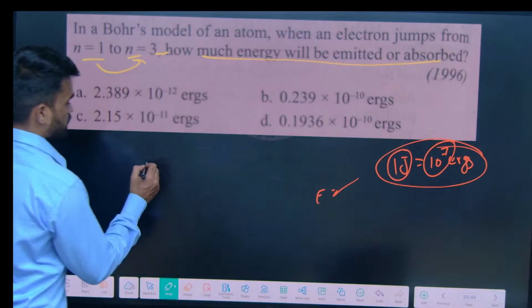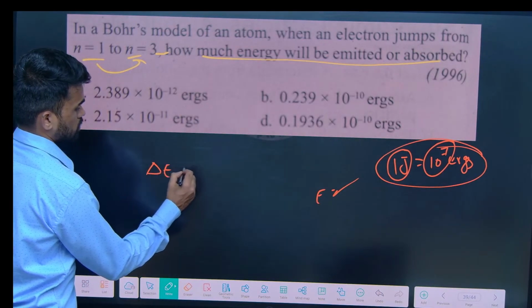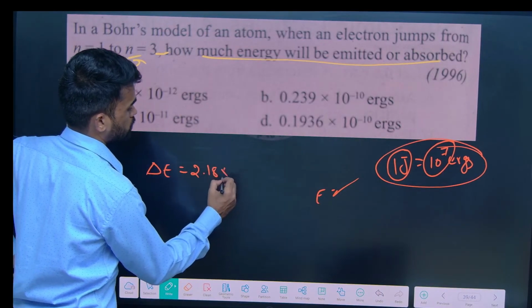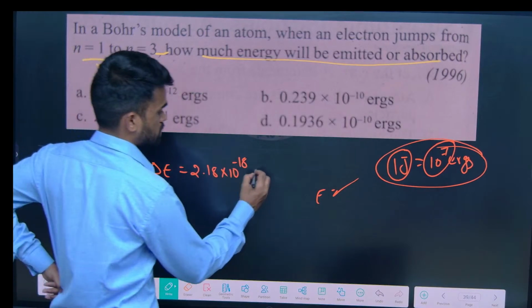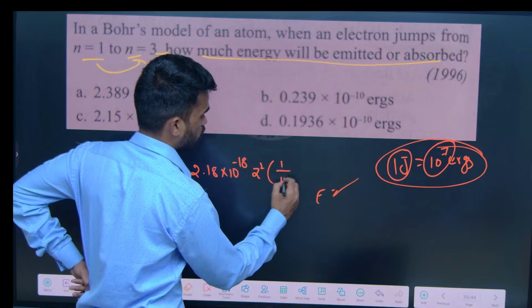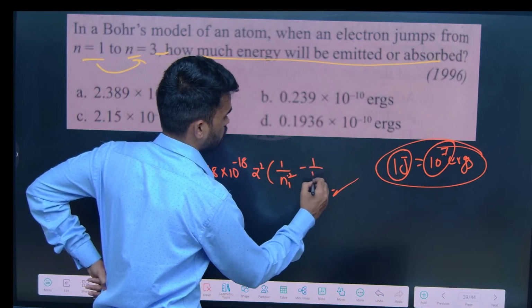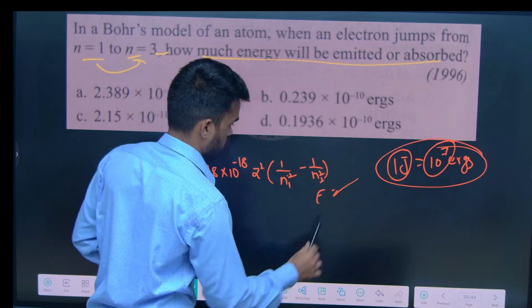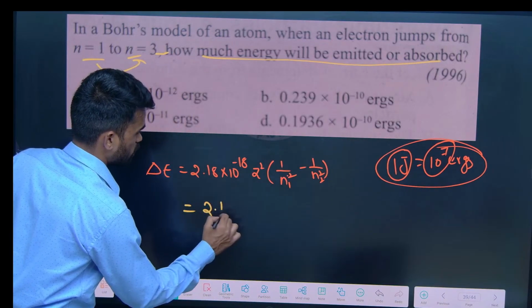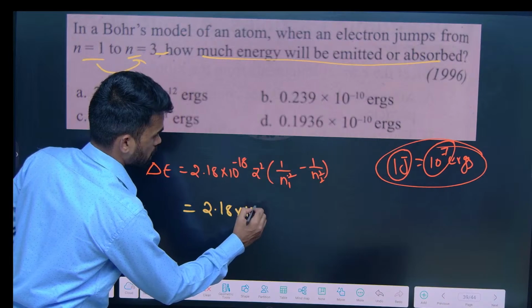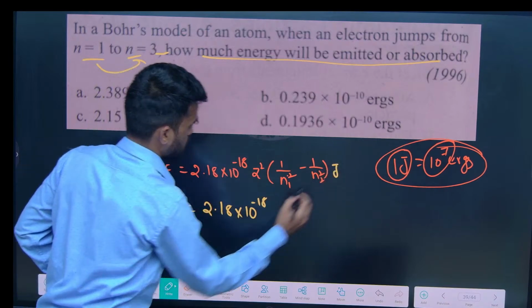So what is the energy difference? 2.18 into 10 power minus 18 z square 1 by n1 square minus 1 by n2 square. Okay, that's it. So tell me what the next step here. 2.18 into 10 power minus 18. This is in joules. Okay.